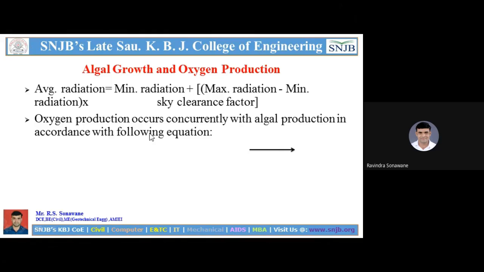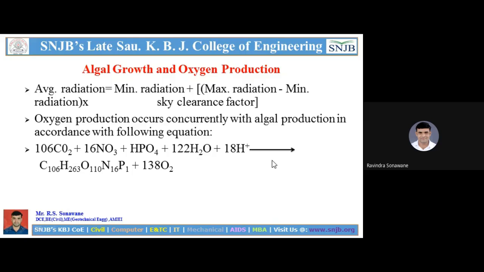We can see oxygen production occurs concurrently with algal production in accordance with the following equation: 106 carbon dioxide, 6 nitrate, hydrogen peroxide, and 120 water and 18 H plus ions.